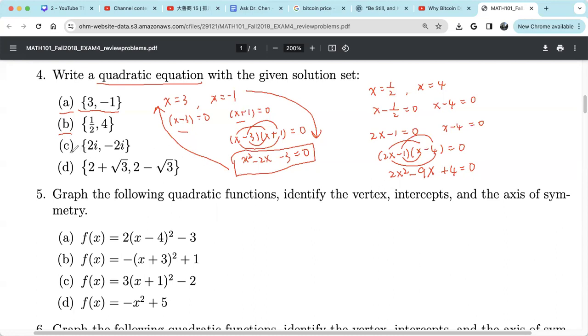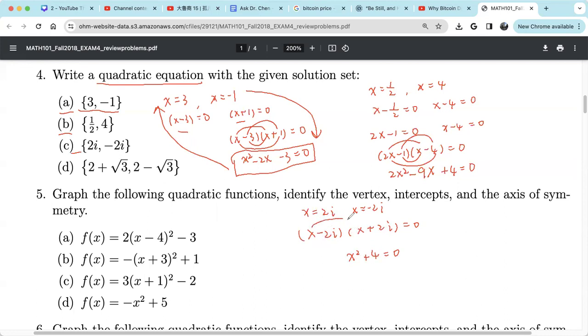Now let's see C. C has two complex solutions, but we do the same thing. x equals 2i, x equals -2i. That's (x minus 2i)(x plus 2i) equals 0, or that's x squared plus 4 equals 0, right? A sum of two squares we can factor as two complex numbers.